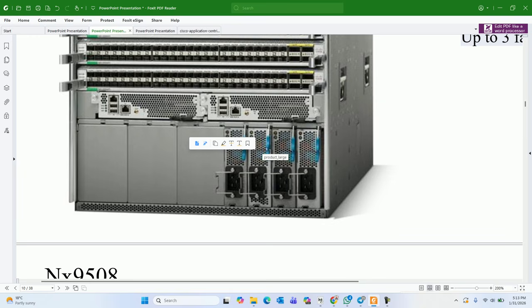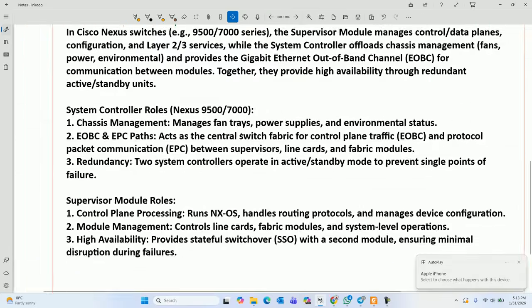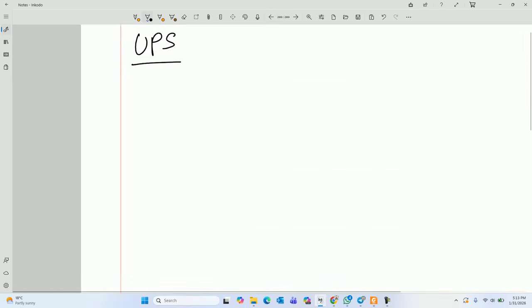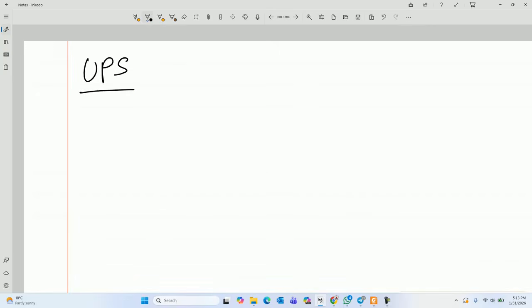And in data center networks, guys, I'm not sure you might have heard of it or not, but in data centers or in highly redundant networks, we have a special device known as UPS. You guys know about it? Right?